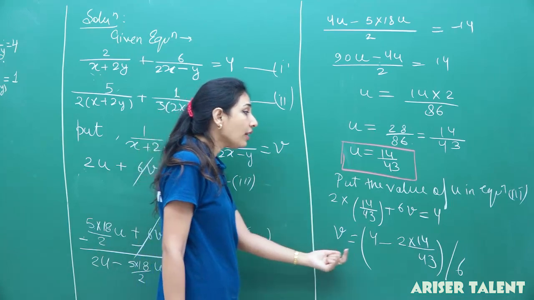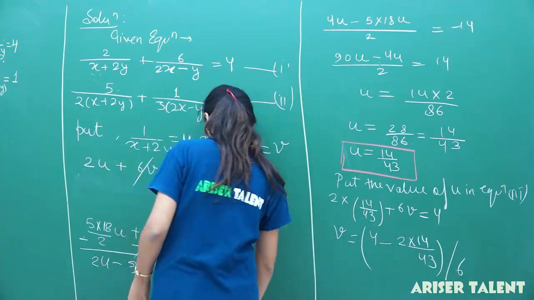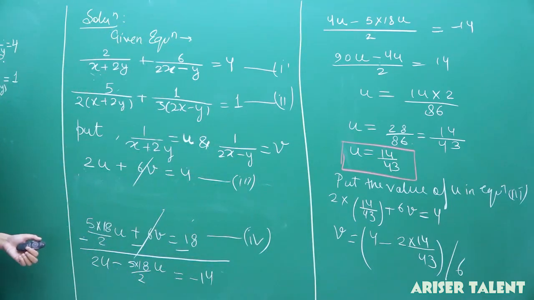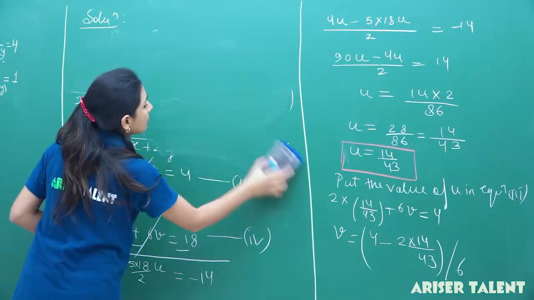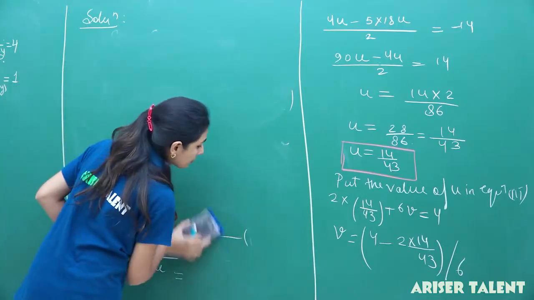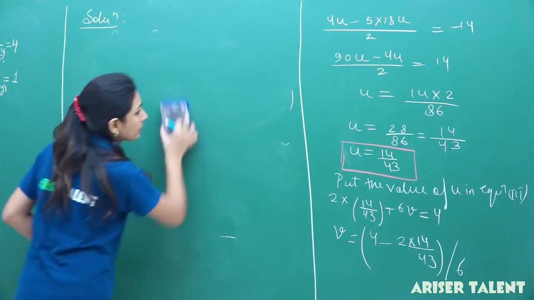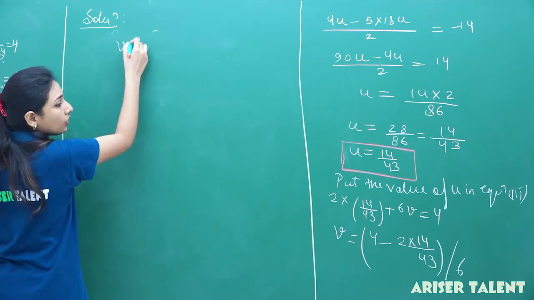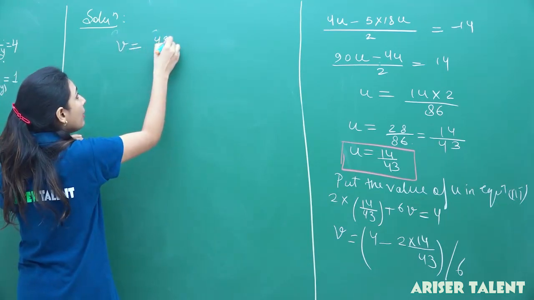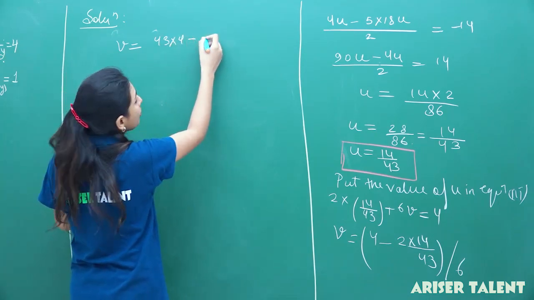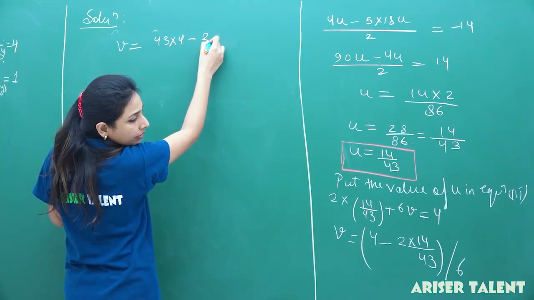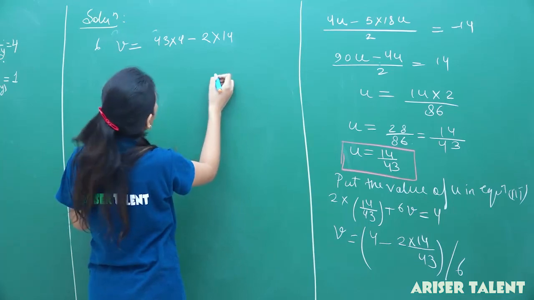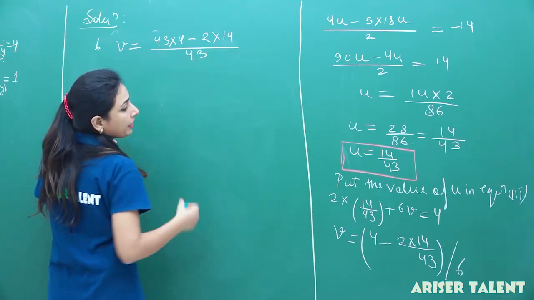Okay, students, now when we calculate this, we will get some value. If you have noted this side, I will rub this. Now, if I solve this again, I will find that 6v equals 4 minus 2 multiplied by 14 upon 43, right, students?